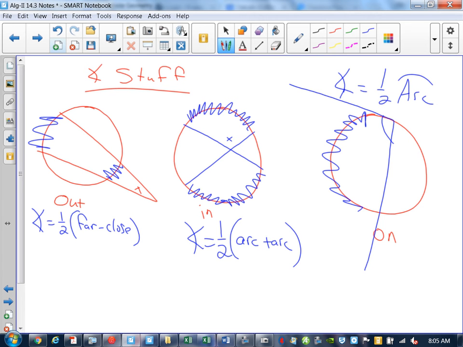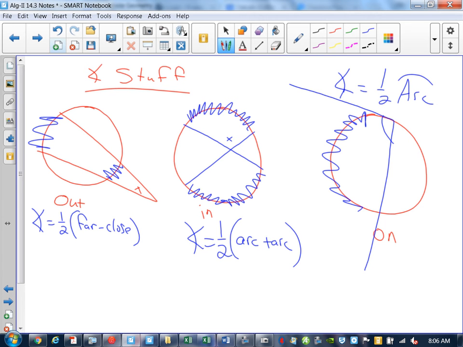And a lot of times with this stuff, it was just a matter of was it outside, inside, or on, and we wrote things out. The biggest mistake that you guys usually made tended to be with the outside stuff, especially if the far arc was written as an algebraic statement, and it had subtraction in there.